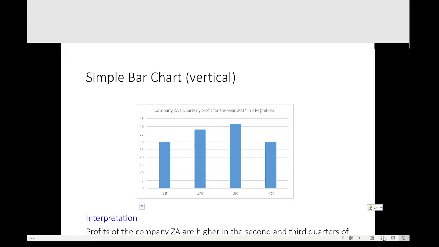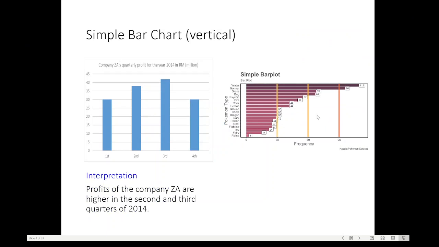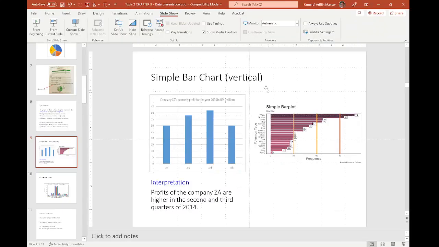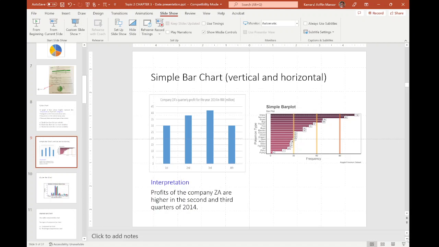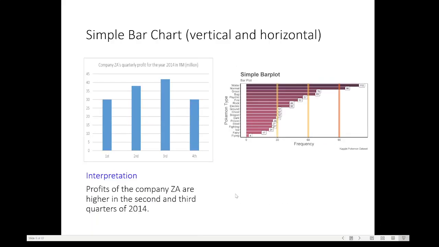Okay, so you can see that we have a vertical bar chart and also a horizontal one on the right. Okay, so you have a simple bar chart on the left, that is the vertical one, and on the right you have the horizontal bar chart.